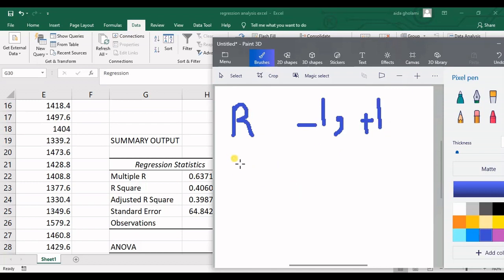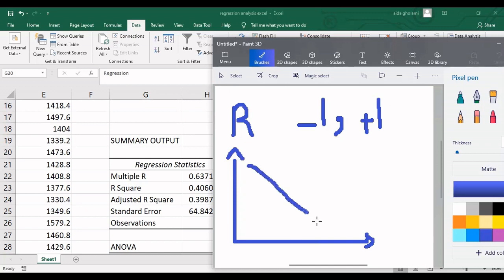Minus 1 indicates a strong reverse relationship between two sets of data. With minus 1 we know that whenever the y data is big, our x data is low, and as y goes down, our x gets that much larger.